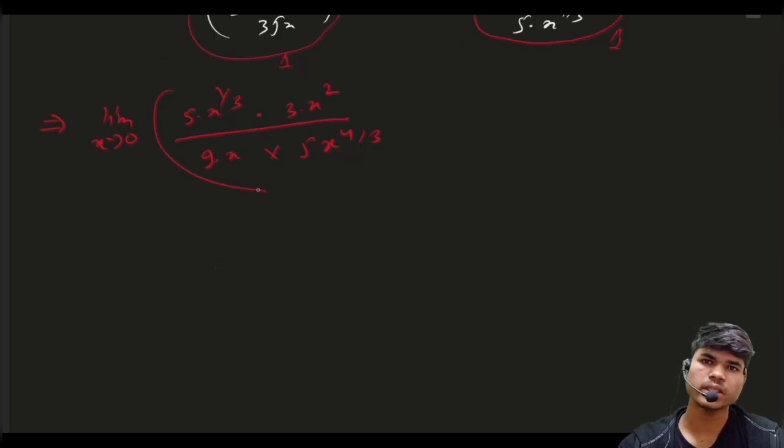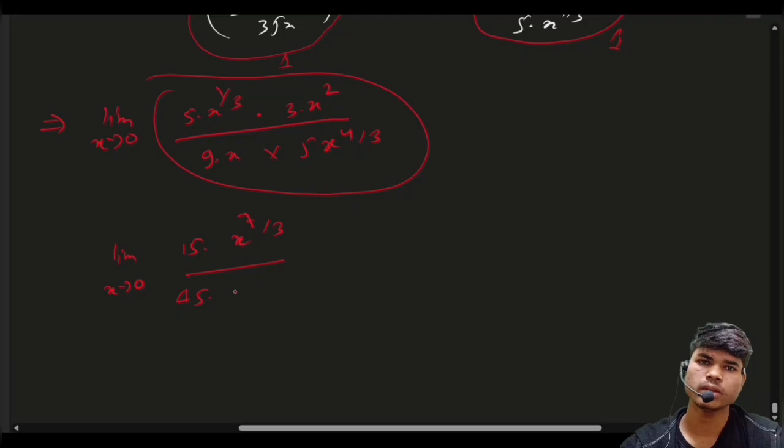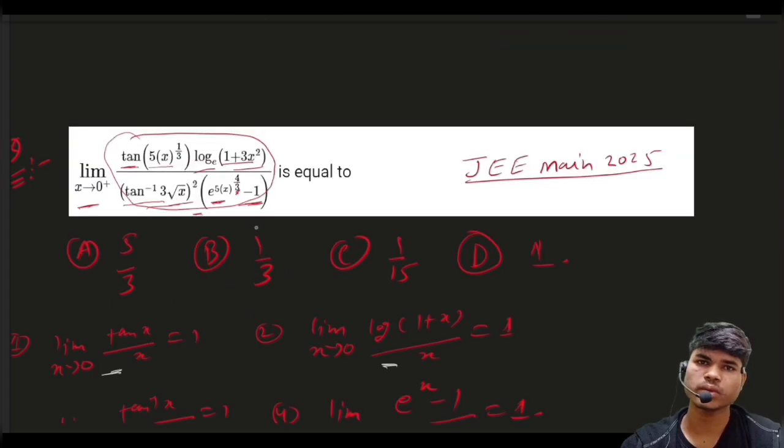After solving this expression, we have limit x tends to 0 15 into x to the power 7 by 3 all divided by 45 into x to the power 7 by 3, and this will cancel out. So we have 1 by 3. This is our final answer. So option number 2 is correct.